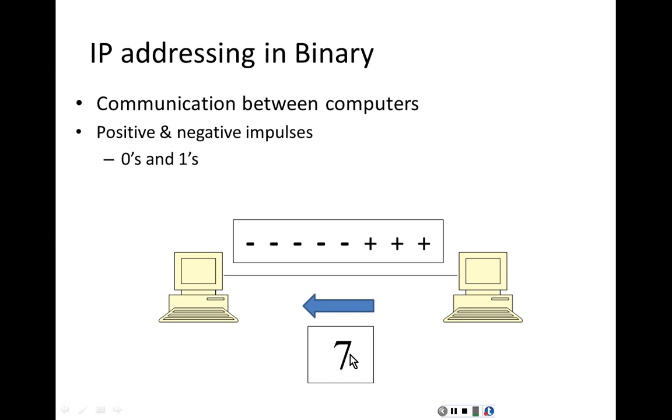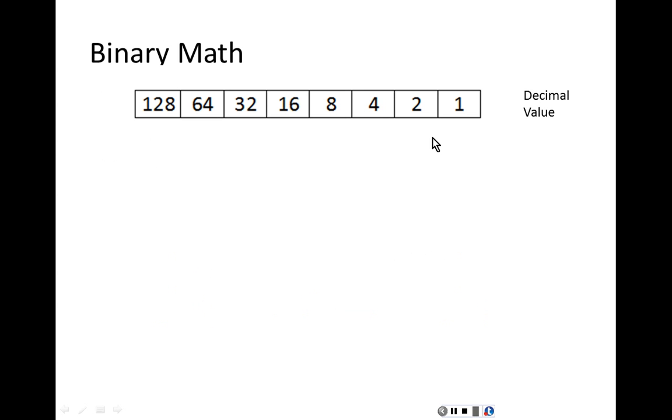So why does it equal 7? Let's look at binary math. When one computer sends data to another computer, it is going to send 8 bits, and they could be all positive, could be all negative, or this could be a combination. Each one of these 8 bits is a placeholder to represent absence or presence of a value.